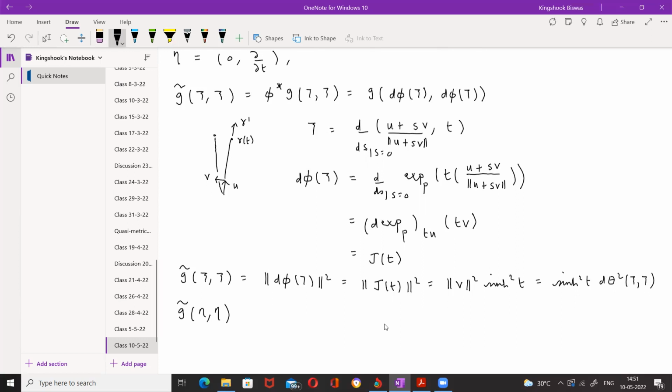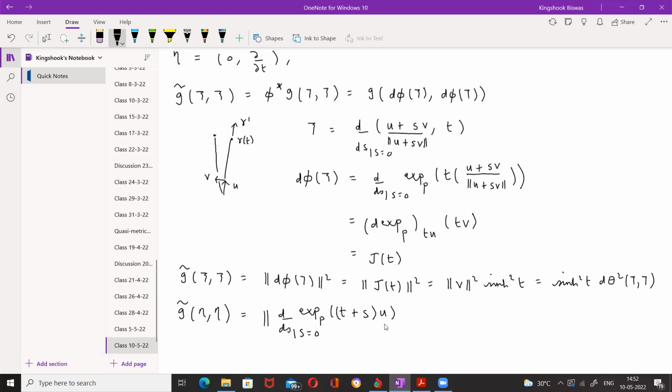So this is going to be norm of dds at s equal to 0 of exp of t plus s, u.